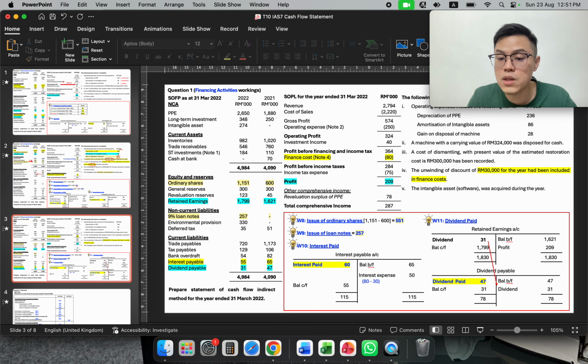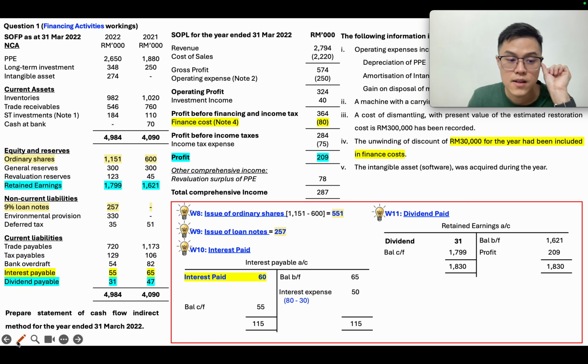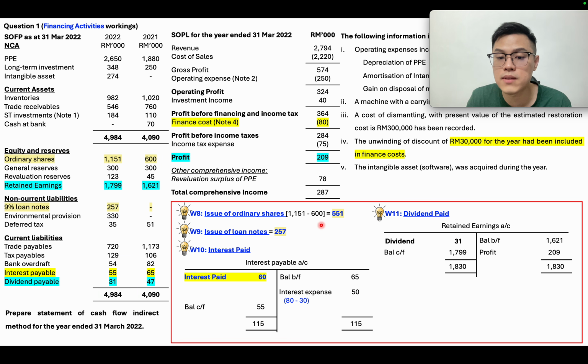That will be your 31,000, which is your dividend. So this dividend, by right, if question didn't give you dividend payable, this is the final amount to be put under your cash flow statement because you paid this dividend.